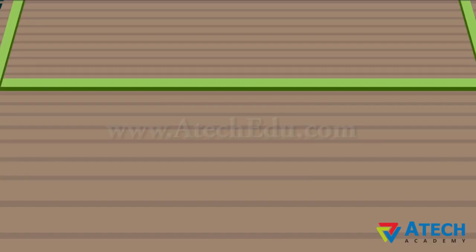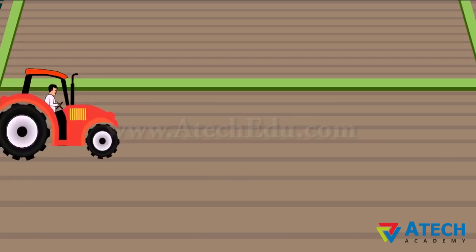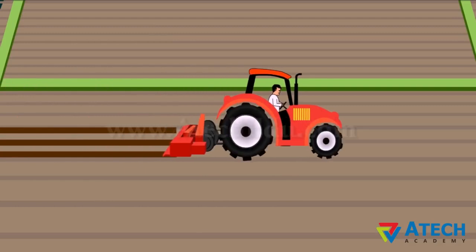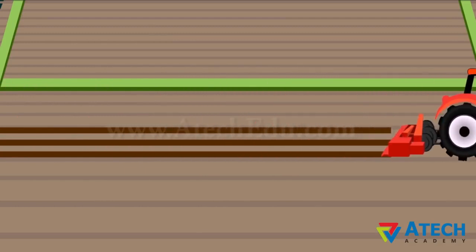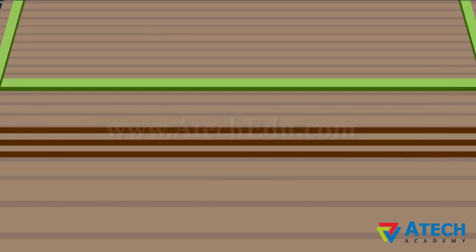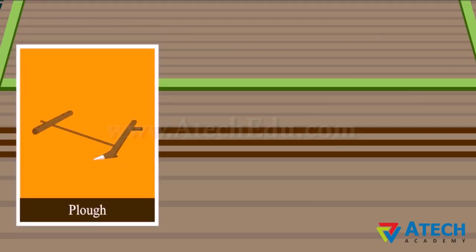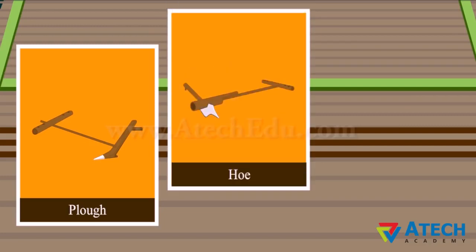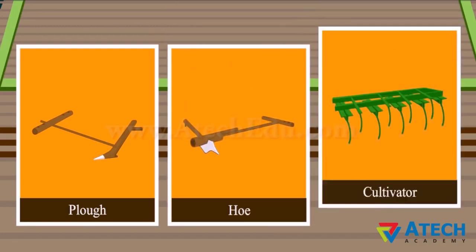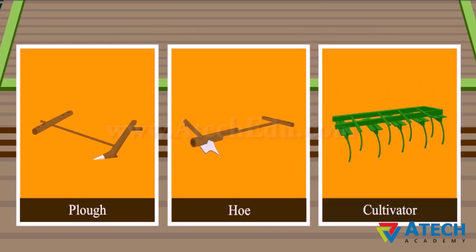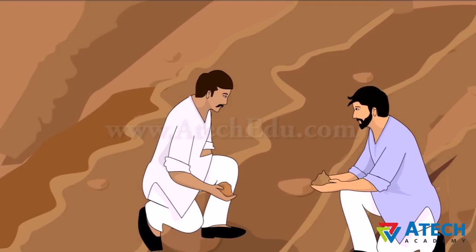For the process of soil preparation, first the soil is tilled or ploughed. The process of loosening and turning of the soil is called tilling or ploughing. The soil is tilled using a plough, hoe, or a cultivator. The soil contains large pieces which are broken by a plough into fine soil.